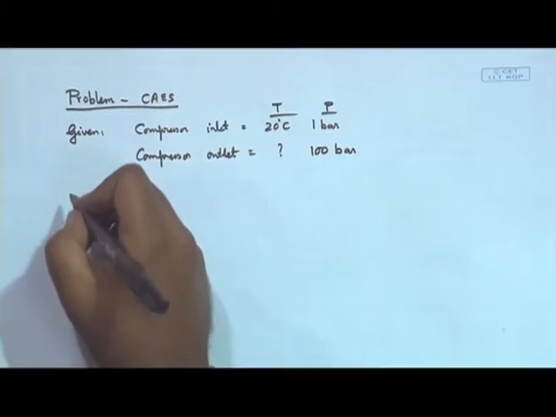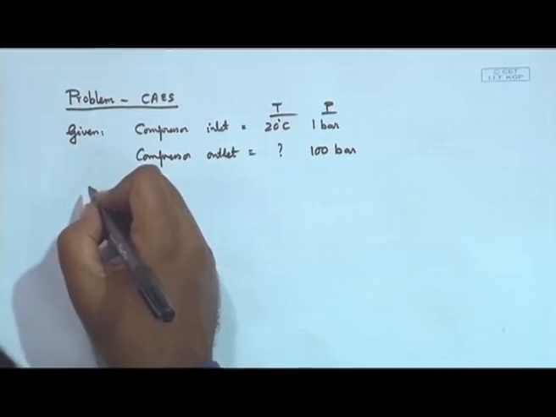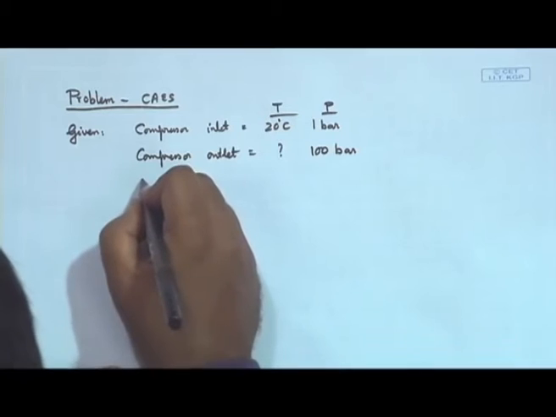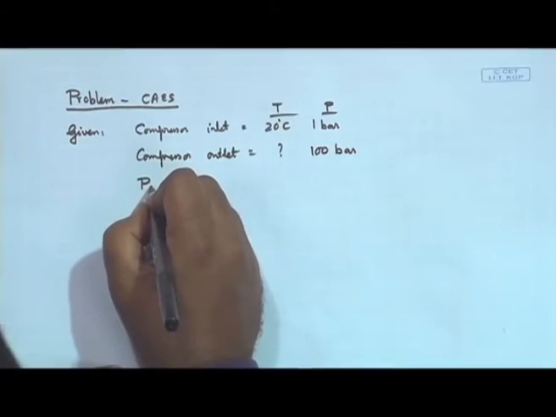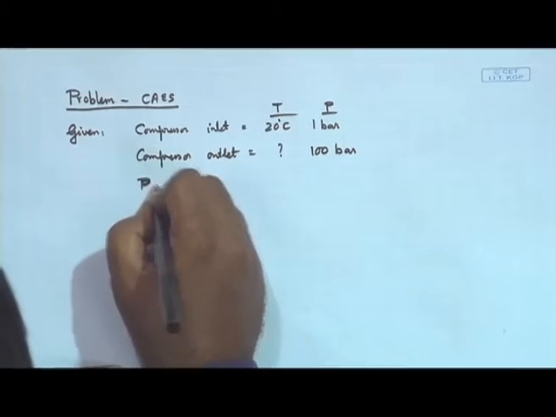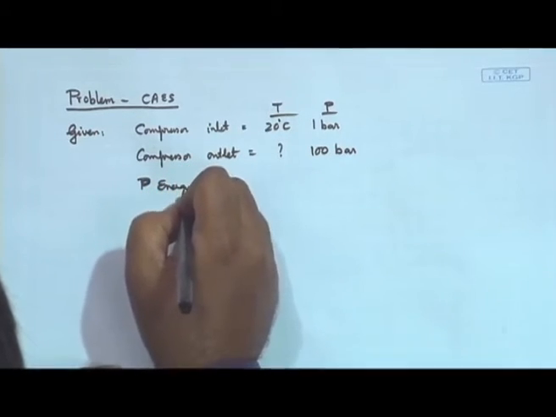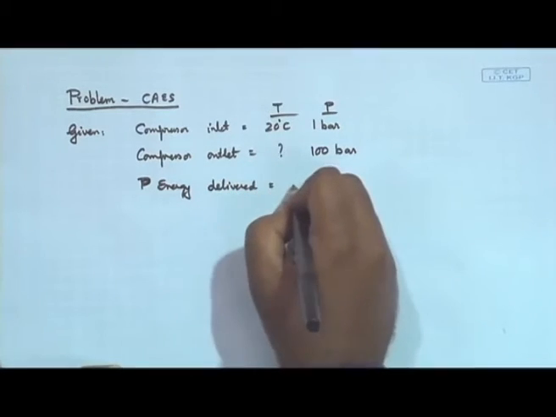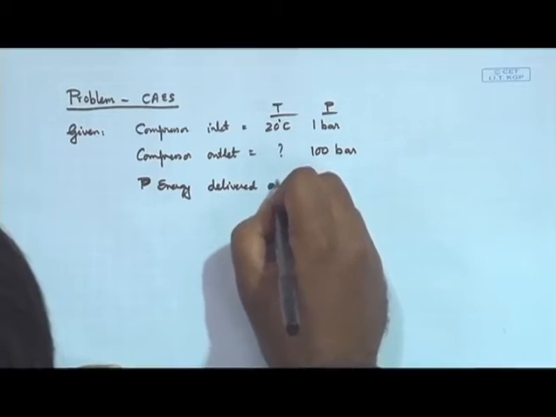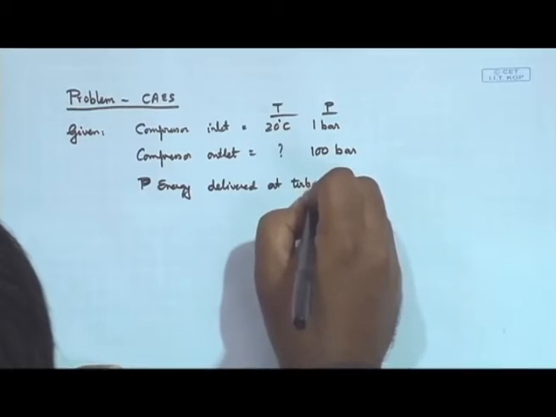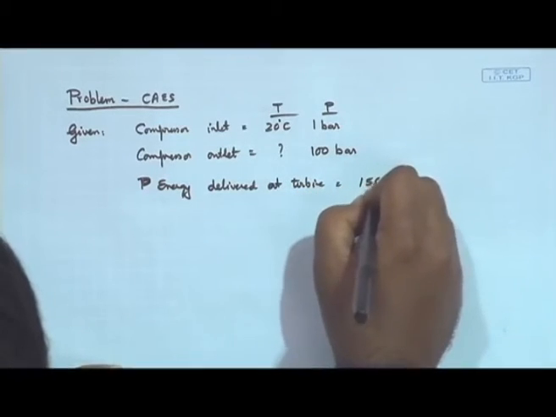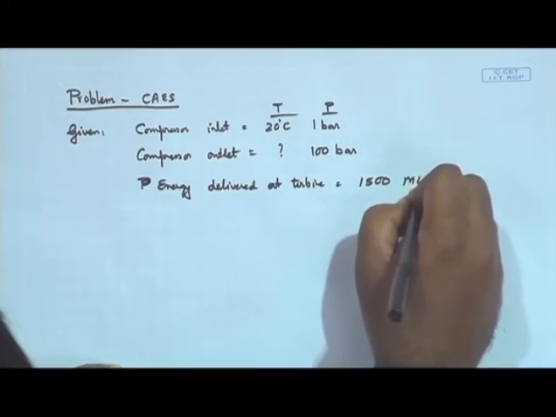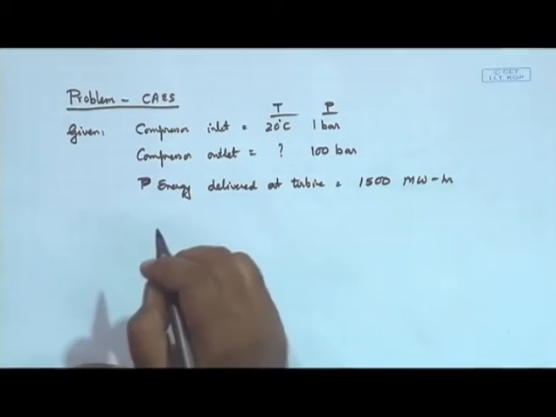What else is given? It is given that the energy delivered at the turbine should be equal to 1500 megawatt hour.